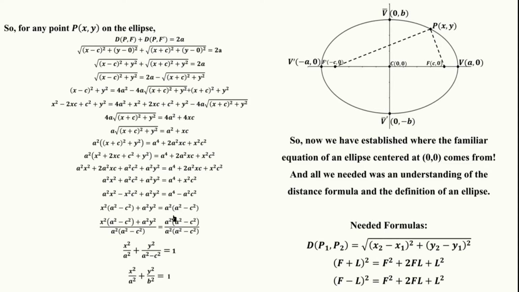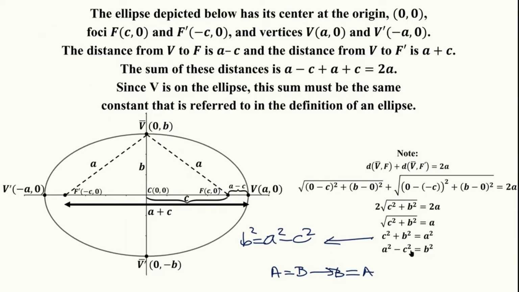Now, the goal is to get a 1 on this side, so we divide both sides by this expression, a squared times a squared minus c squared. So we end up with x squared over a squared plus y squared over a squared minus c squared, because the a squares cancel out, right? Equals 1. But if you recall from our previous screen, a squared minus c squared we discovered is equal to b squared, right?